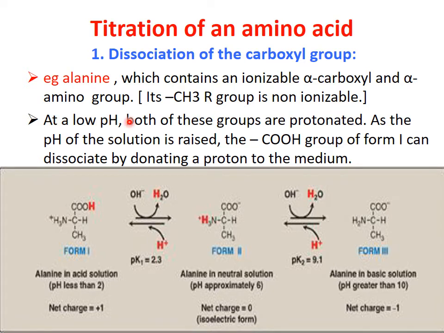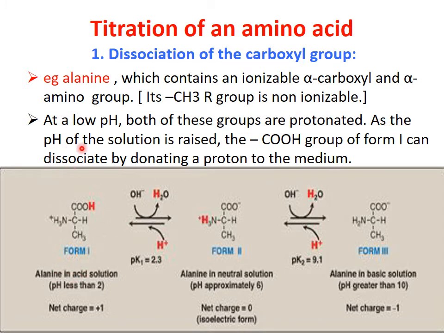At low pH, both of these groups are protonated. Here you can see, at low acidic pH, both the groups are protonated. So this is the fully protonated form of amino acid.